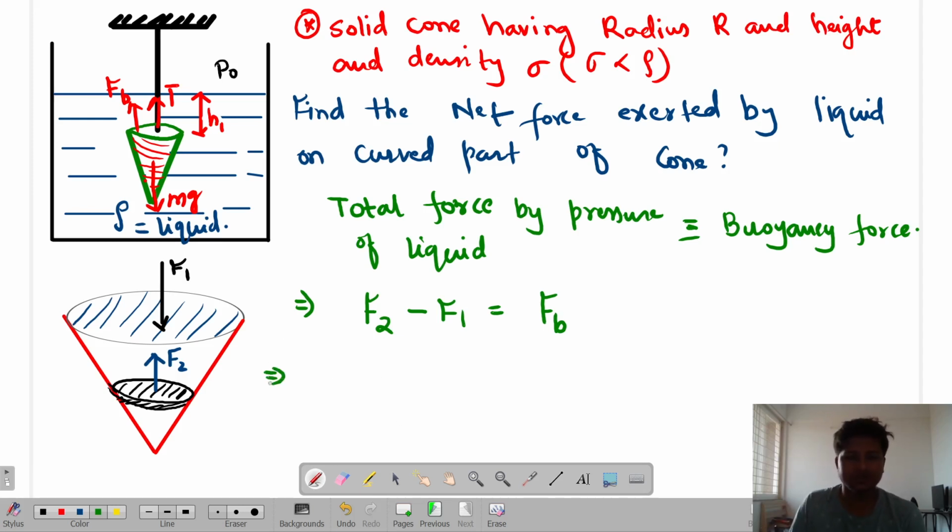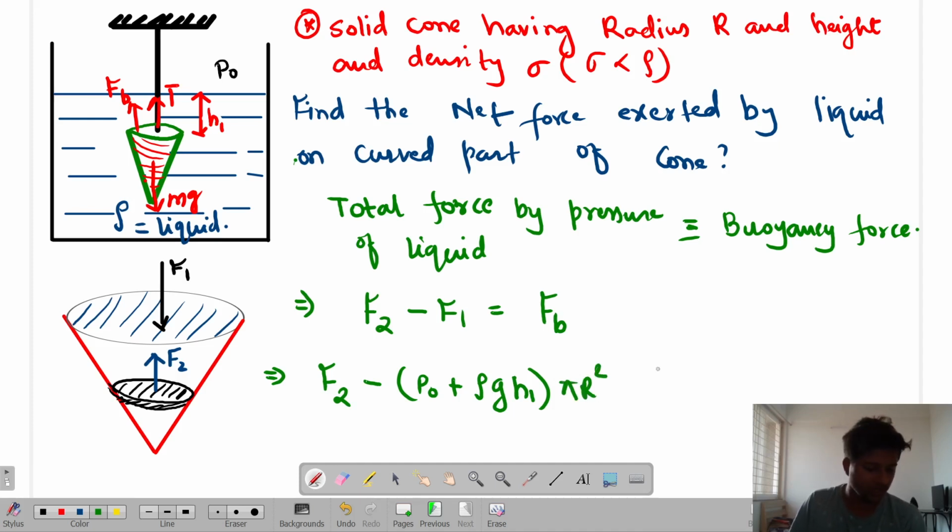So I have to find F2. F2 minus F1 is nothing but the buoyancy force. F1 is total pressure into the base area of the cone: P naught plus rho g H1, into area pi R square. While buoyancy force is rho into volume immersed, 1 by 3 pi R square H, into gravity.